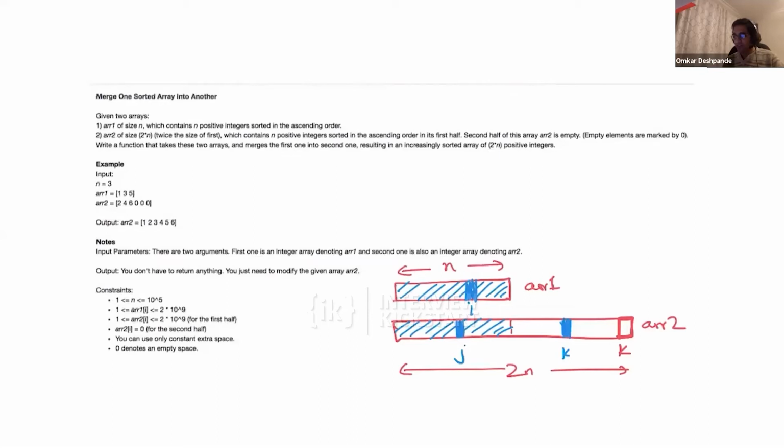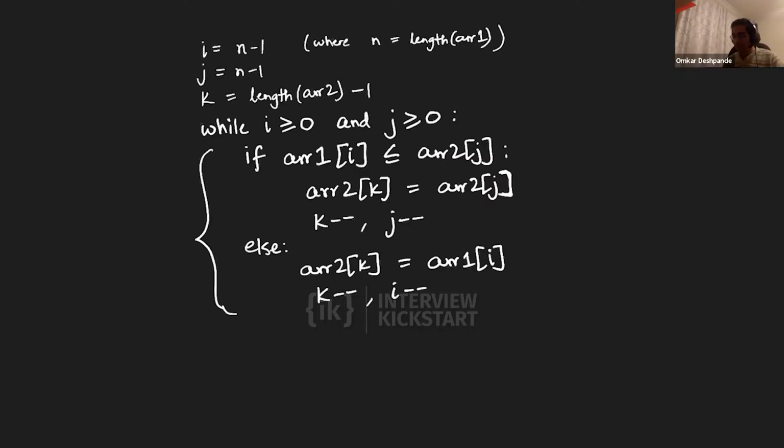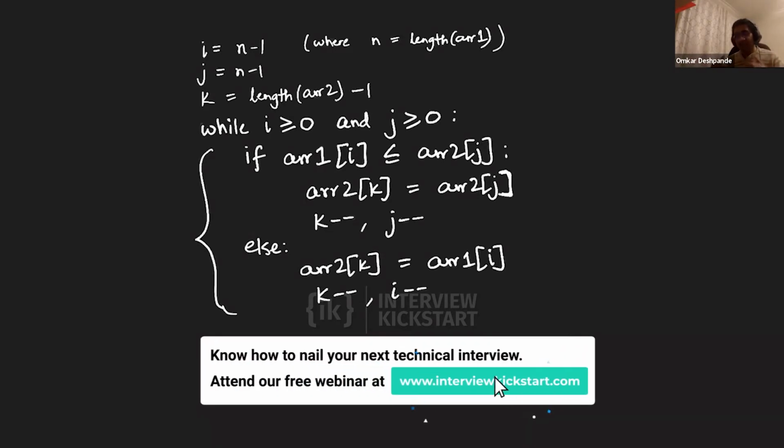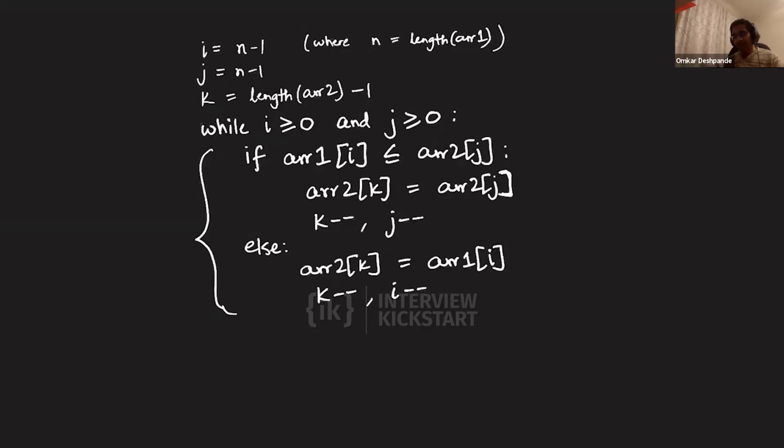Remember, the pointers are going left here instead of going right because we are starting from the right end. We are picking the largest value iteratively, and so our pointers are moving left. So if the i pointer jumps off its left edge, then the j pointer might still be inside, and if the j pointer jumps off, the i pointer might still be inside.